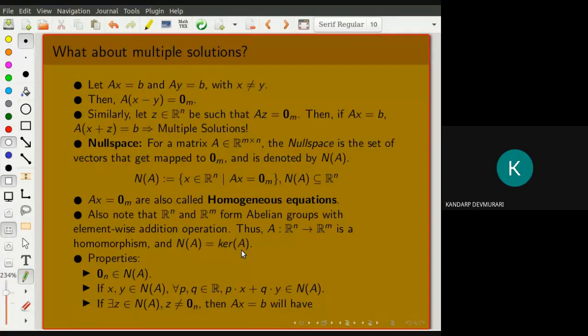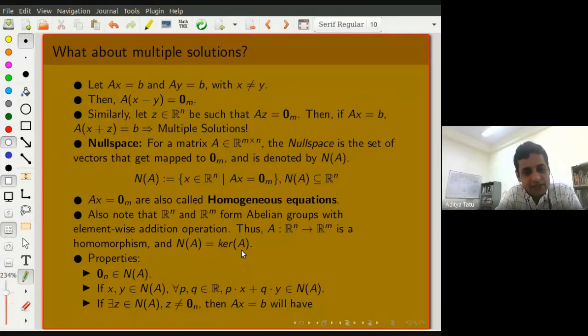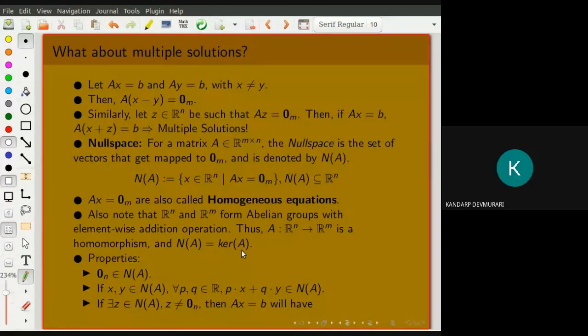Yeah, B can be anything. So if B is anything, you still guarantee that there will be multiple solutions, given that A is non-zero.